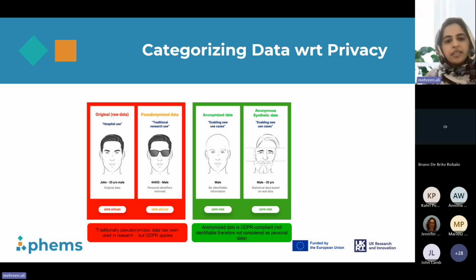When it's pseudonymized, some of the identifiers are removed, but it's still subject to the GDPR regulations. However, truly anonymous data, when verified, falls outside GDPR scope, as you can see on the right side. So we have anonymized data and we have anonymous synthetic data, and it's not personal data anymore. This makes anonymous synthetic data particularly valuable for privacy-preserving research and AI innovation.